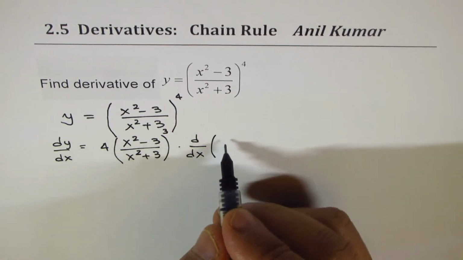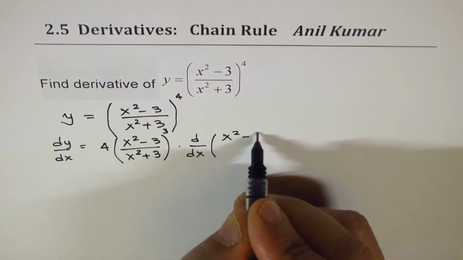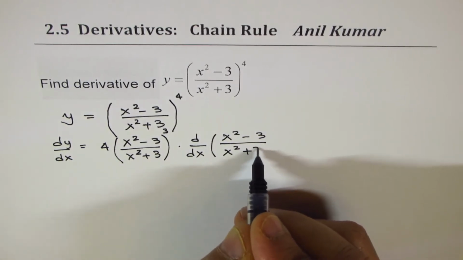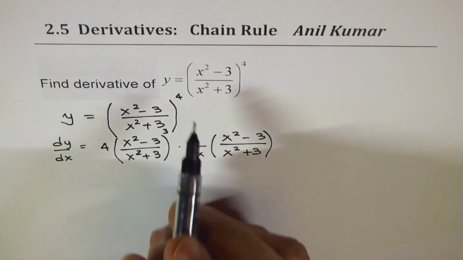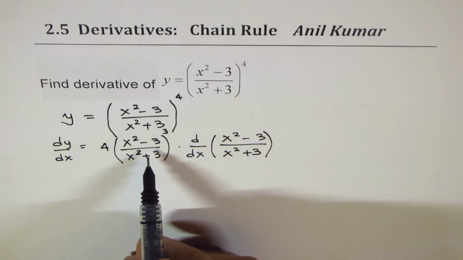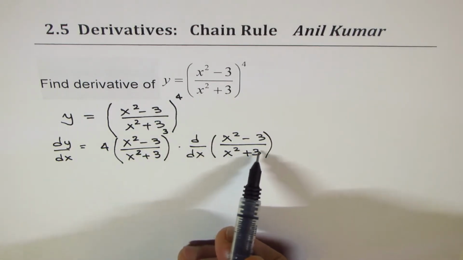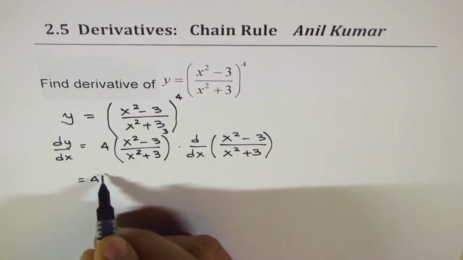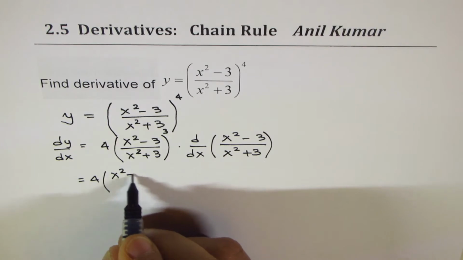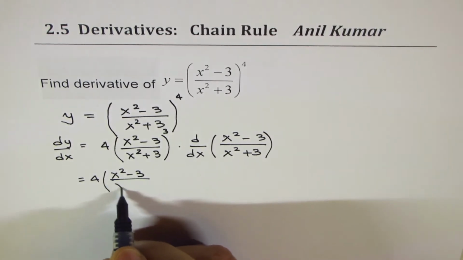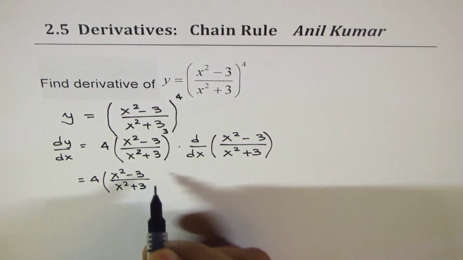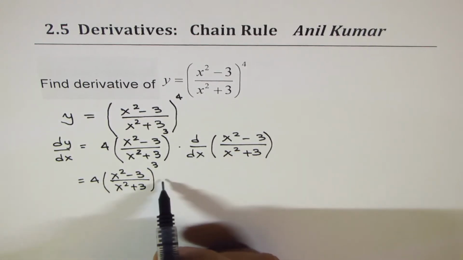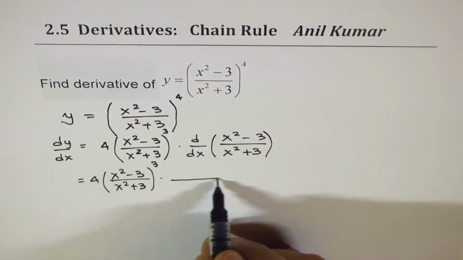Now the inside function is x squared minus 3 over x squared plus 3, right? So the power has been taken care of with the power rule. Now we are multiplying with the derivative of the inside function. Perfect. So what we get here is 4 times x squared minus 3 over x squared plus 3 cubed. And for this derivative, we can apply the quotient rule.